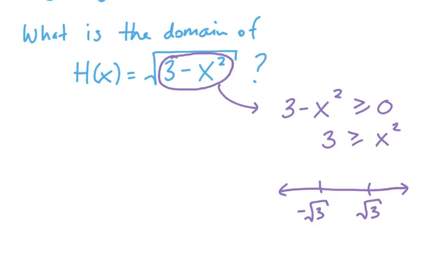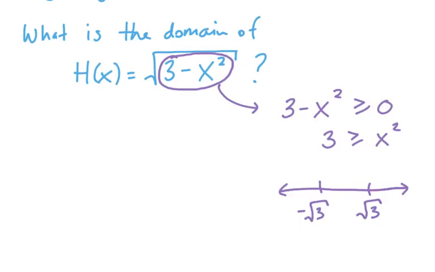The domain could be all the stuff on either side of those positive and negative square roots, or the domain could be all the stuff in the middle. And what I prefer to do is use test values to determine which of those two possibilities is accurate.